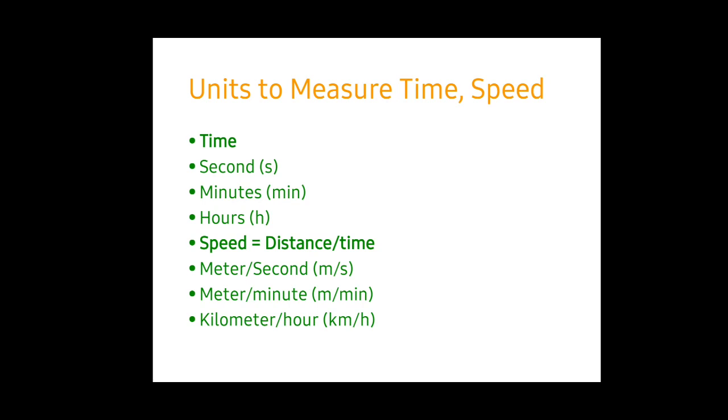In the same way, the basic unit of speed is meter per second. This is the basic unit. To measure a distance of 1 or 2 meters, you can use this kind of unit, meter per second. When the distance increases, the unit also varies. It also varies as meter per minute and kilometer per hour.